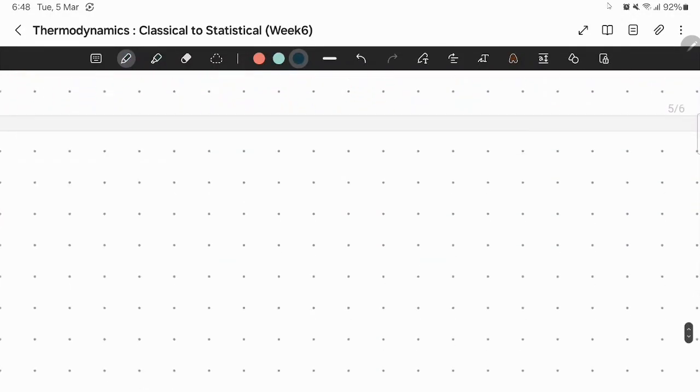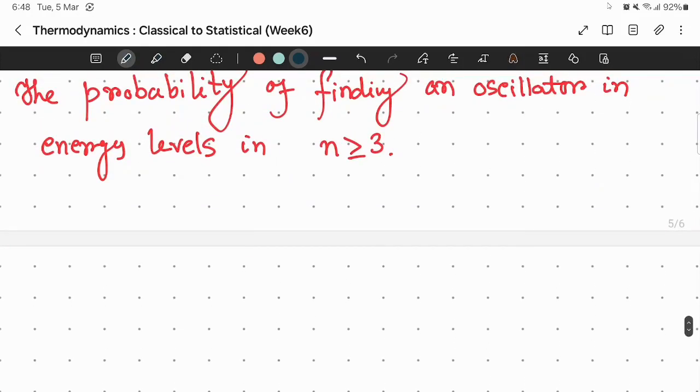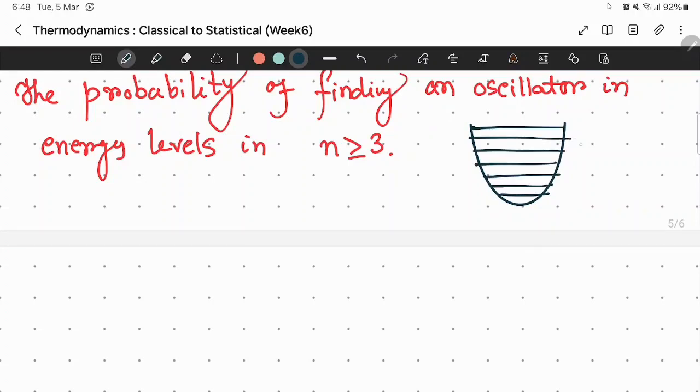so for a harmonic oscillator, if it is a simple harmonic oscillator, it looks like this. Here essentially there are an infinite number of equispaced levels, or if it is an anharmonic oscillator, then it will be like this.